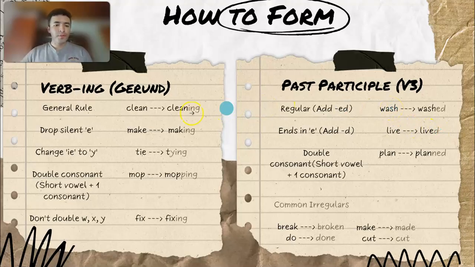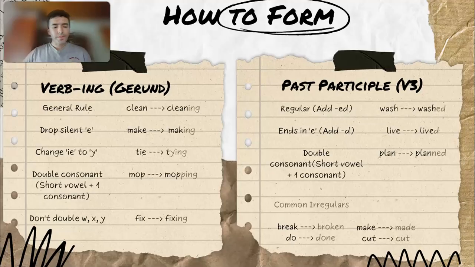How to form verb-ing, the gerund? General rule: simply add -ing to the verb, in this case, clean, cleaning. Drop the silent e. In this case, we have to replace the letter e with -ing. For example, make, making. For -ie, change the ie to y, for example, tie, tying.